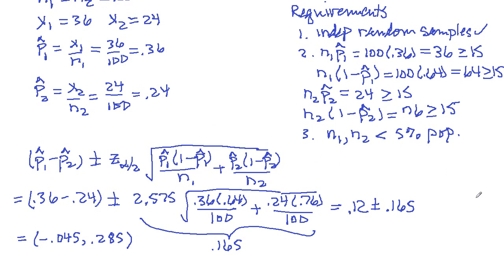So now we want to make an inference. Our inference is going to be, well, are the two population proportions the same or are they different? Well, notice that the interval contains 0. And when it contains 0, that's when you do not reject the null hypothesis.